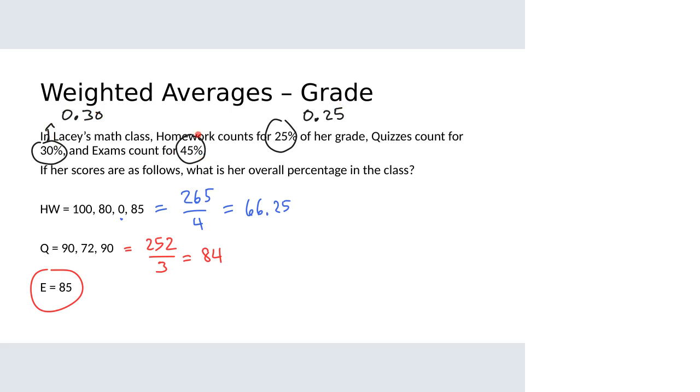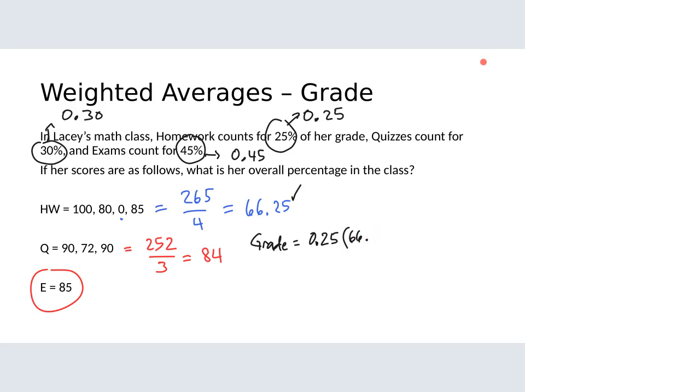And 45%, we're going to rewrite as a decimal, that's going to be 0.45. And we're just going to weight each one of those mean scores according to the percentage that goes along with that mean score. So her overall grade is going to be 25% of her grade, or 0.25, is a mean score of 66.25.